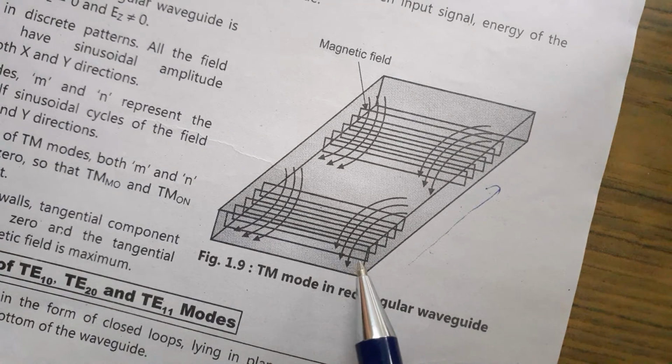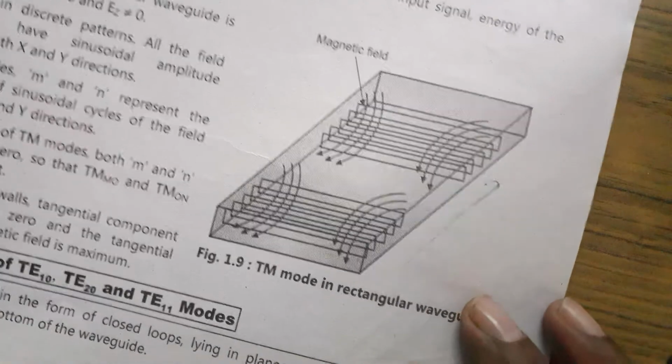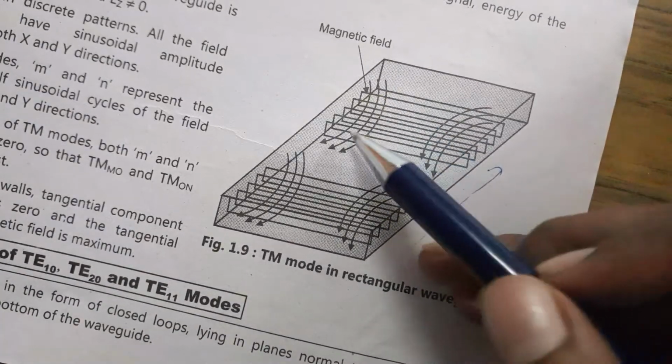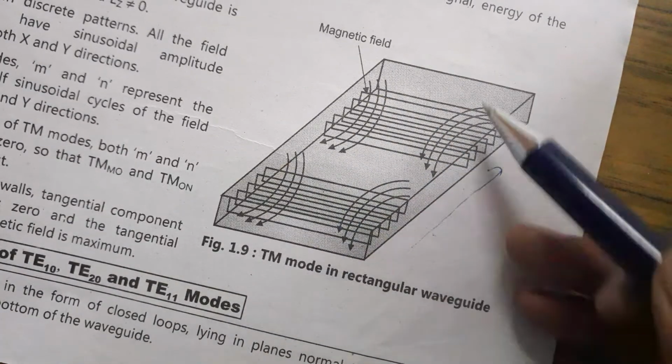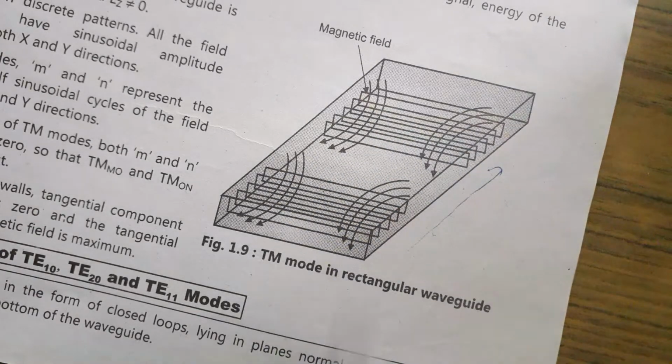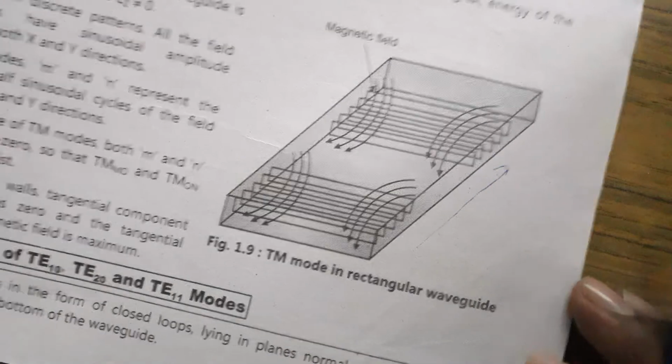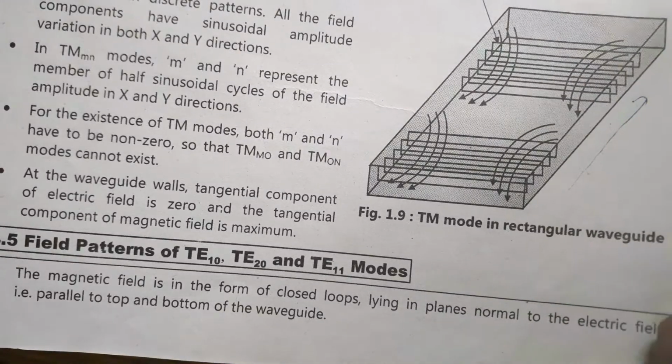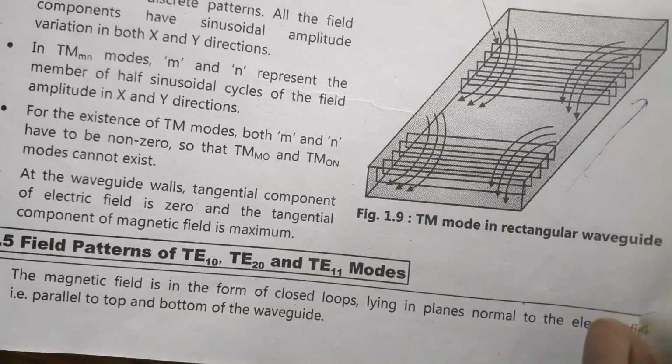At the waveguide walls, the tangential component of the electric field is zero and the tangential component of the magnetic field is maximum. So here at the walls you will see magnetic fields are maximum. Okay. So this is a TM mode, that is the transverse magnetic mode. Now the field pattern of TM10, TM20 and TM11 modes. How it will look, we will check it.